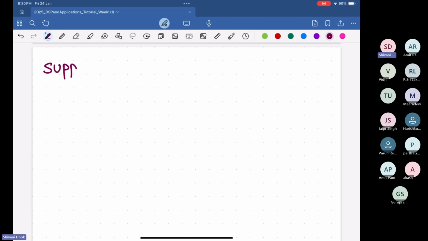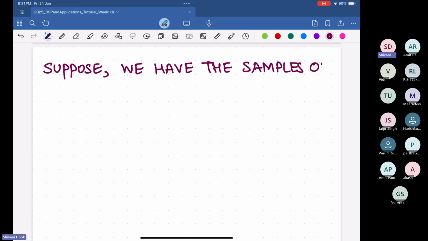Suppose we have the samples of y of t at t equal to T1 and t equal to T2.